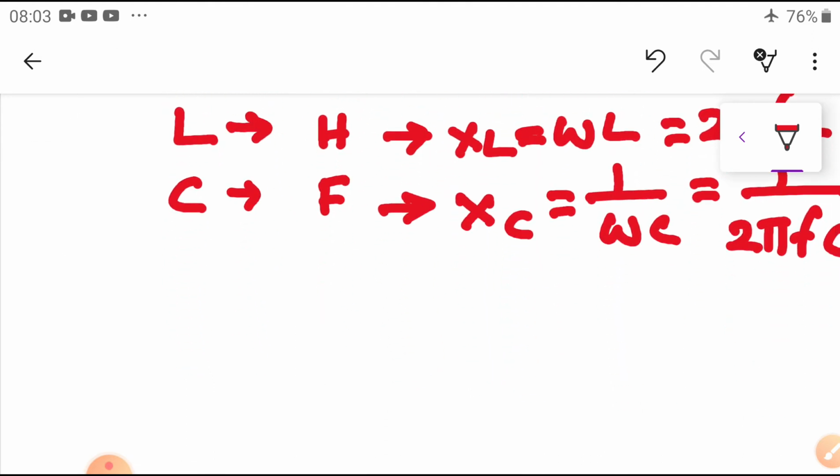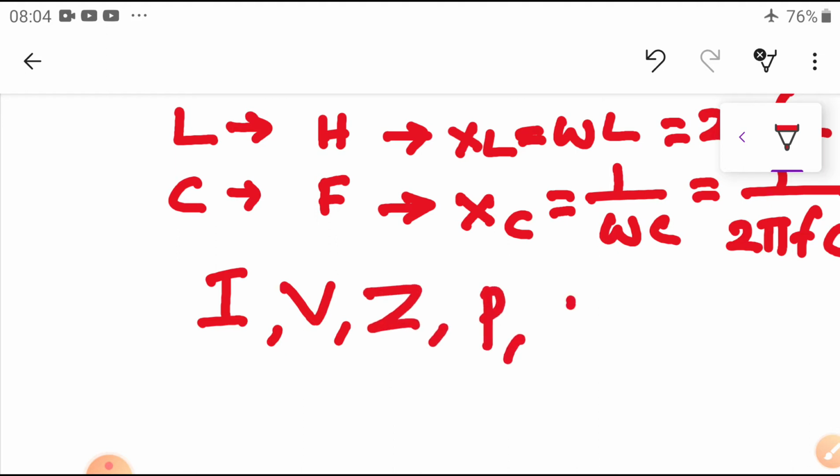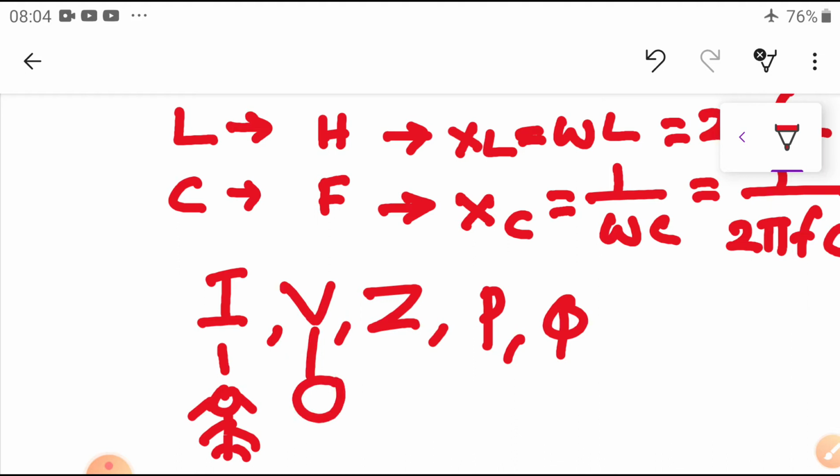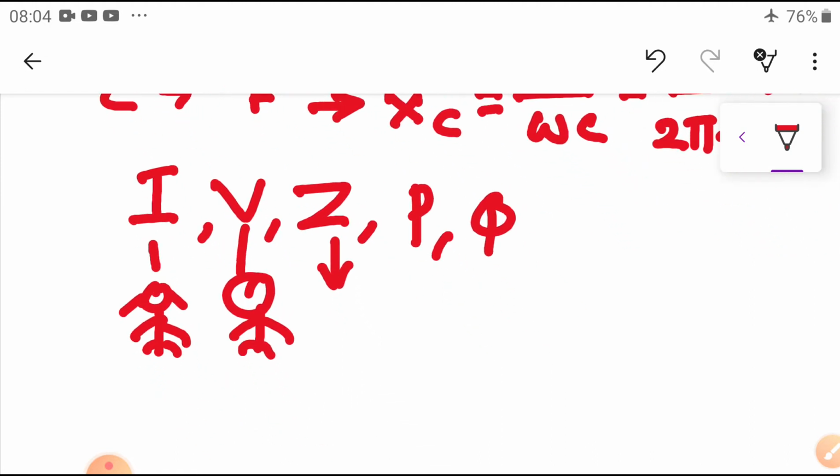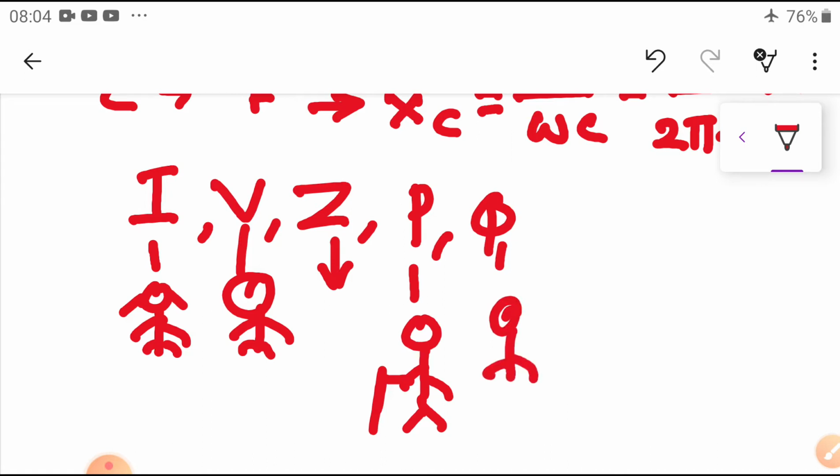Okay. So, we have seen in previous classes how these normal components are converted to ohmic components, and how in the circuit the current, voltage and impedance, the power and the reactive power are related. This is mother, this is father, this is the total family history. This is a grandfather and she is the grandmother.